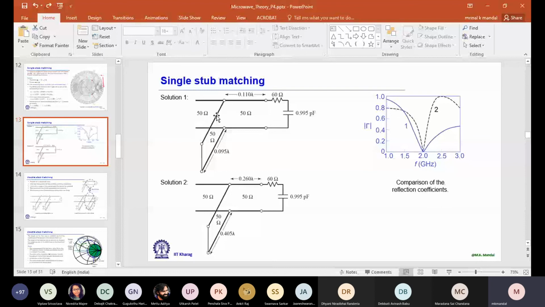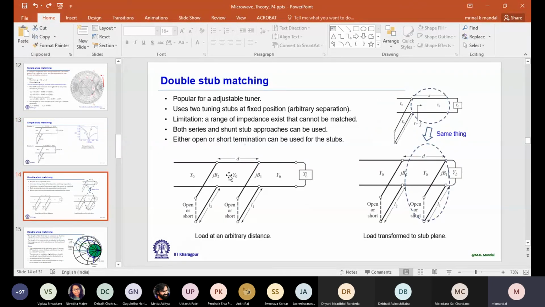Here, if I change ZL, then this first length, which is represented by 0.11 lambda, might have to be tunable, as well as the stub length. Then just by tuning the stub length, we can't match all the loads.